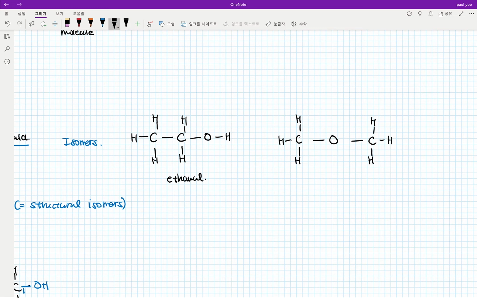Again, they have the same molecular formula, but their constitutions or connectivities are different. So this is going to be considered as constitutional isomers.